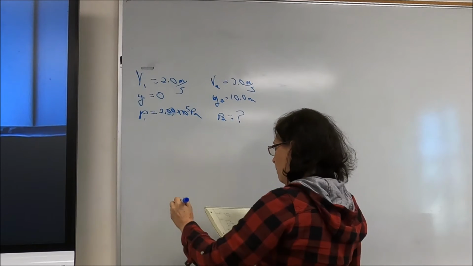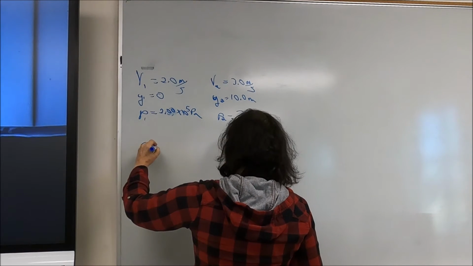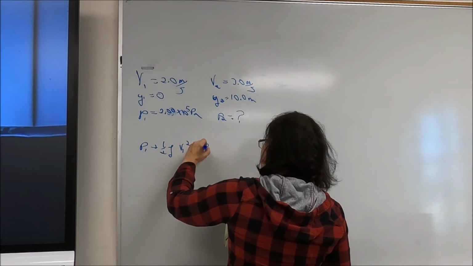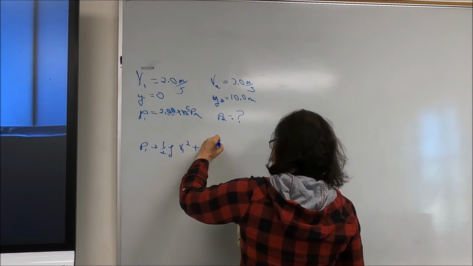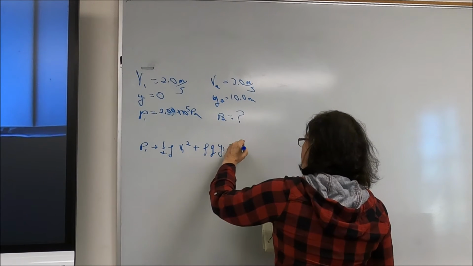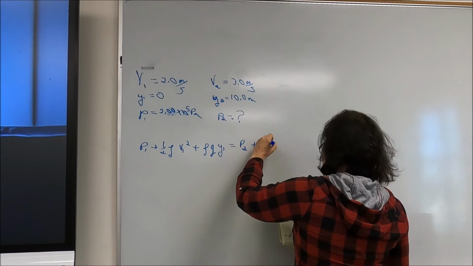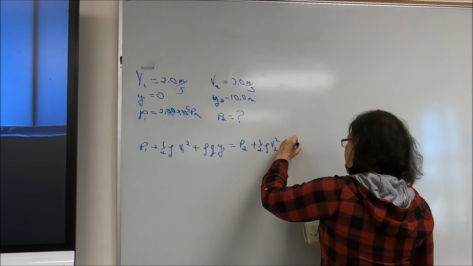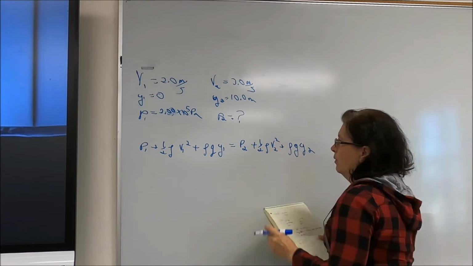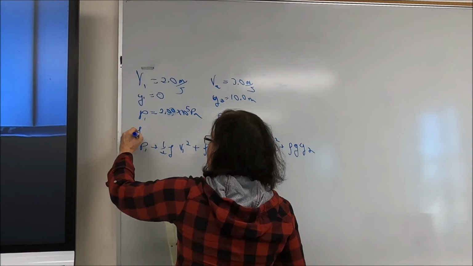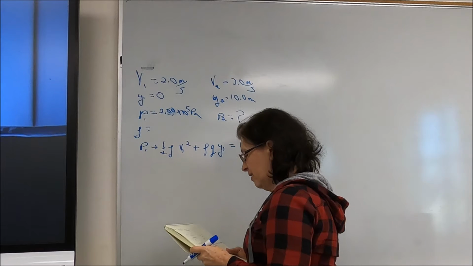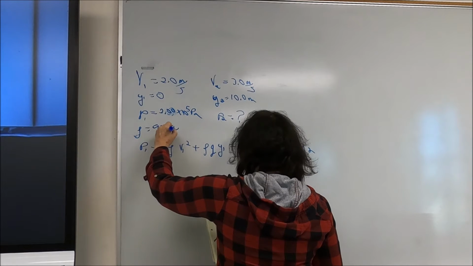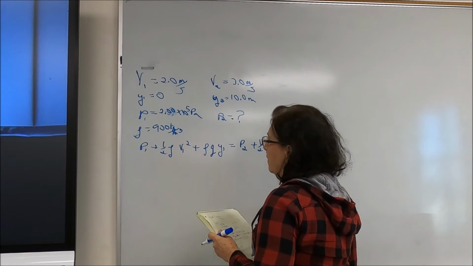Okay? So we know that P1 plus 1/2 density times V1 squared plus density times acceleration due to gravity times Y1 has to equal P2 plus 1/2 the density times the velocity at point 2 squared plus the density times g times Y2. Now, I need the density because this is oil. I looked it up, and the density here is 900 kilograms per meter cubed. Okay?